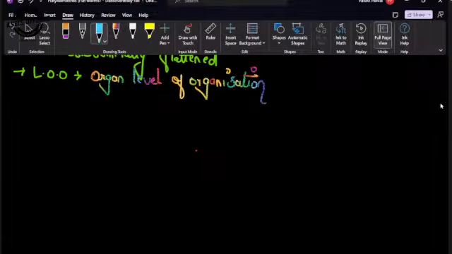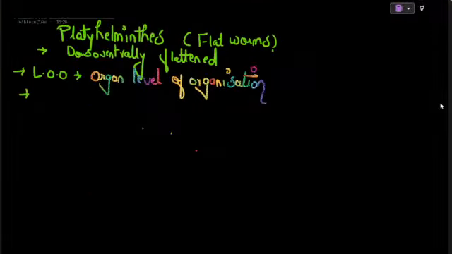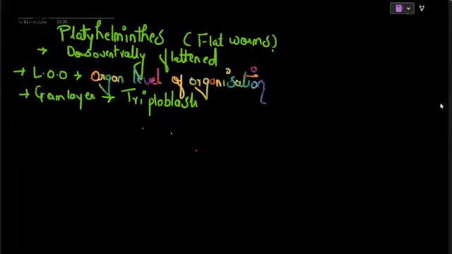Next. What about germ layer? They are triploblastic. Coelom, acoelomate.